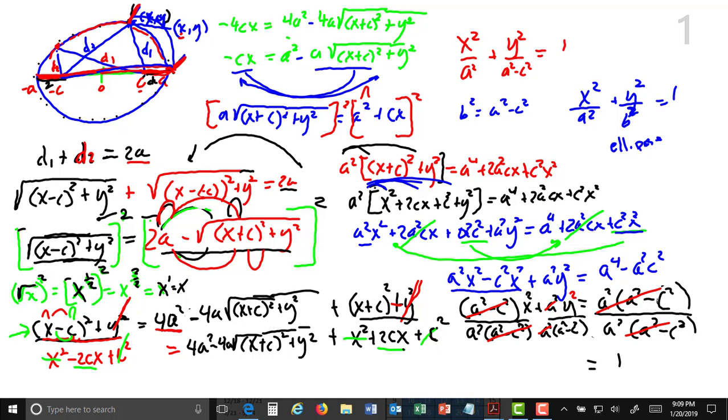This y squared is gone. So what I have left is all of this, and then I have this term here. By the way, I see that this x squared subtracts with the other x squared. So if I take this and add it over to this, I'm going to have a minus 4cx is all I have on the one side. And the other side, I'm going to have the minus 4a squared.